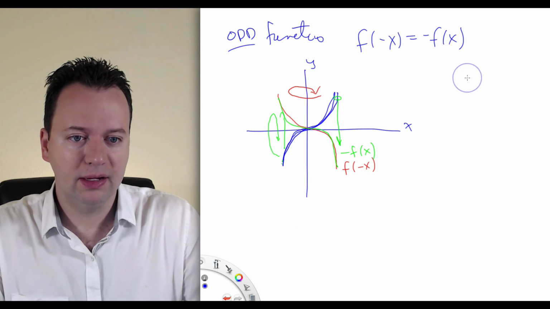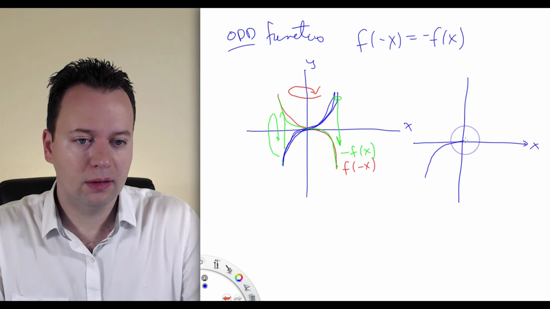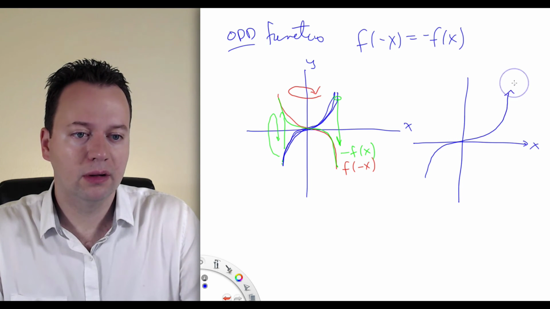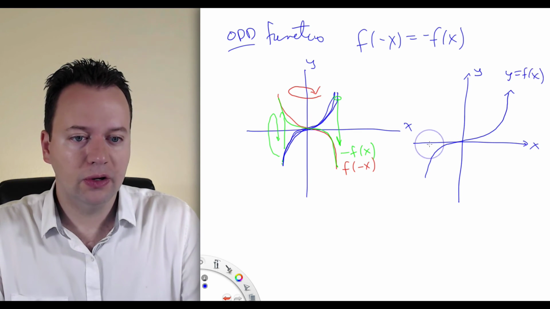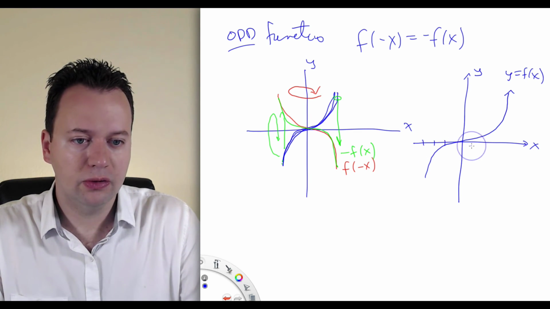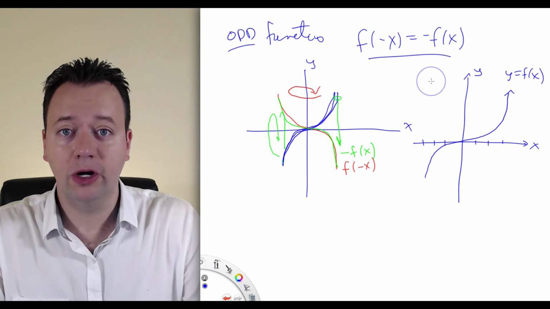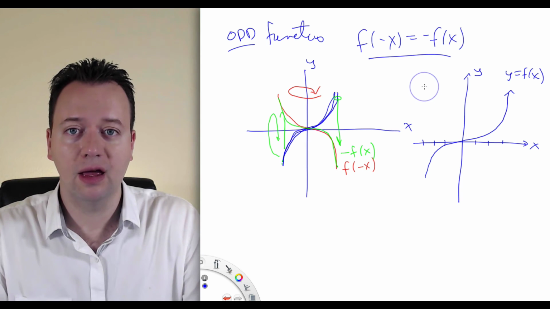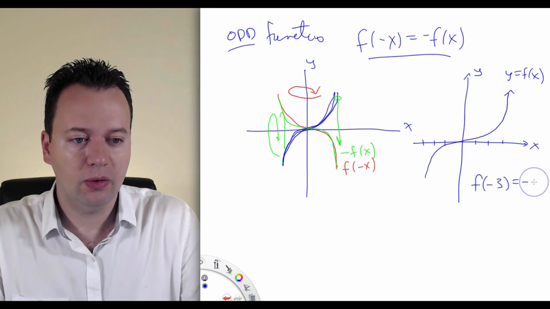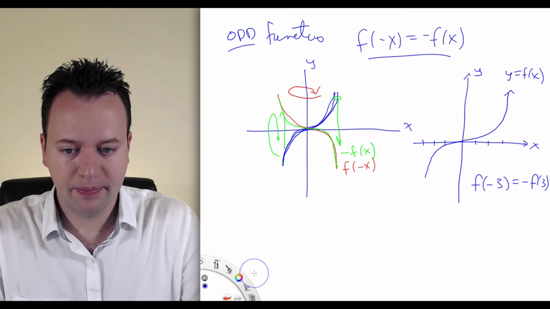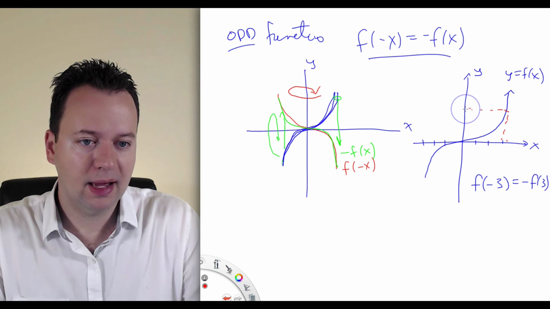Another way to think of this, let me draw a new graph. There's a nice odd function. This is y is equal to f of x. So again, 1, 2, 3, 1, 2, 3. You can think of this as a prescription for generating the outputs for the negative x values. So if you want to know f of minus 3, it should equal negative f of 3. So f of 3 has this height, right?